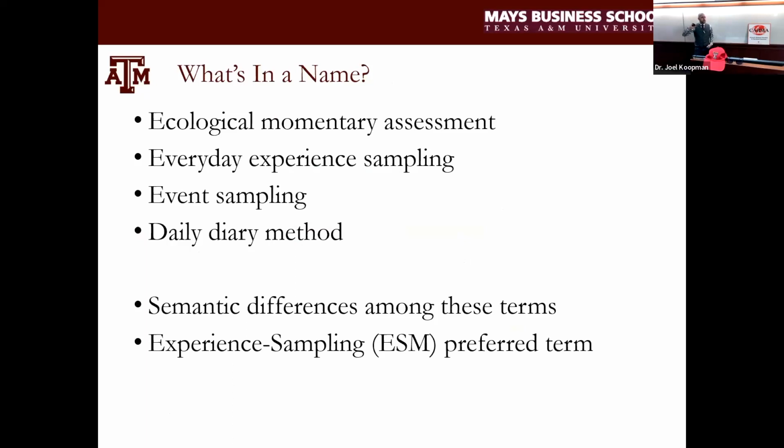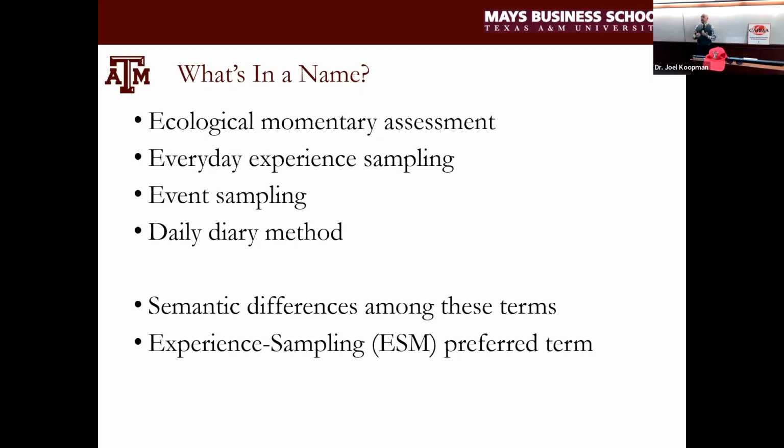For the most part, when I talk about this, I'm just going to say ESM, or experience sampling methodology. That's the preferred term at this point. Depending on how far back you go in your reading, or if you go into some other literatures that tend to use this methodology, you might see things like ecological momentary assessment, everyday experience sampling, event sampling, daily diary, and pulse surveys is what practice calls them.